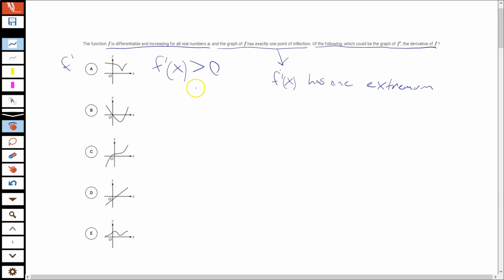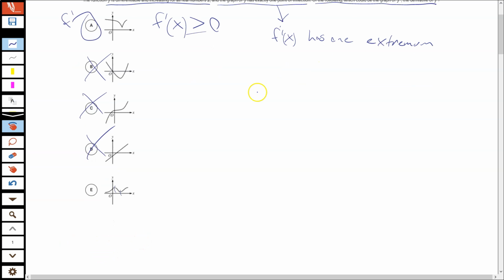Everywhere positive, so I'm going to go ahead and eliminate anything that is not everywhere positive. So now we just have 2 to pick from, and now it's pretty easy. It has just 1 extremum, so we're looking for just 1 point of inflection. So we pick A here, because this one has 2 points of inflection. Okay, so there's our first one.